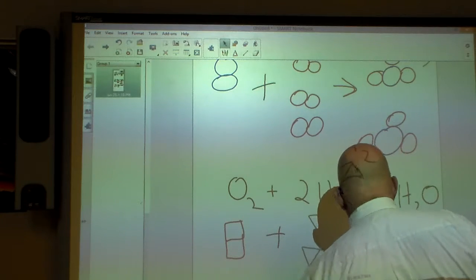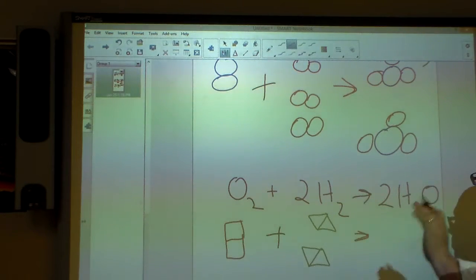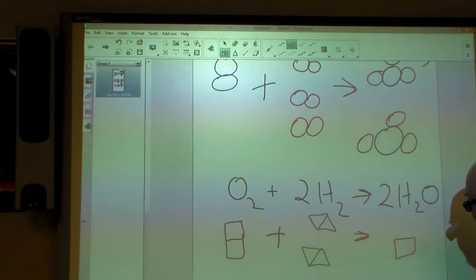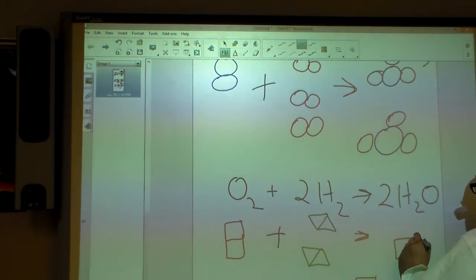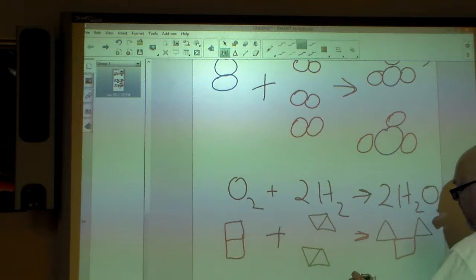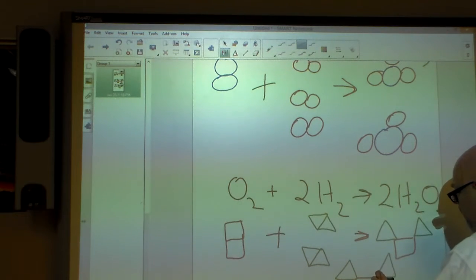We do that, then we come to our final end where we have 2H2O. So that means we're definitely going to have 2 separate units, with the boxes representing the oxygen. We'll do this, where we attach the triangle to that.